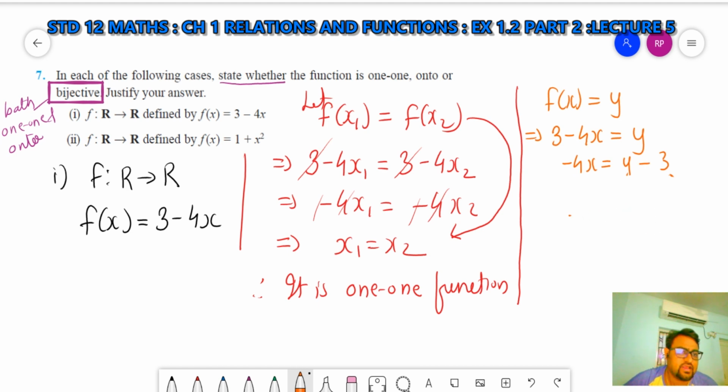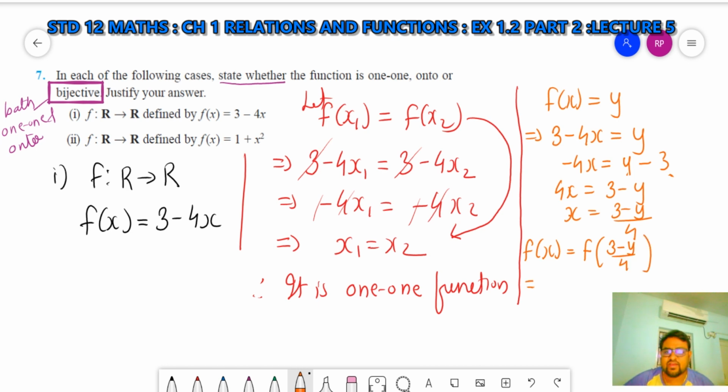So 4x will be equal to 3 minus y. Okay, x will be equal to (3 minus y) by 4. Okay, I got this x. So f(x) will be equal to f((3 minus y) by 4).